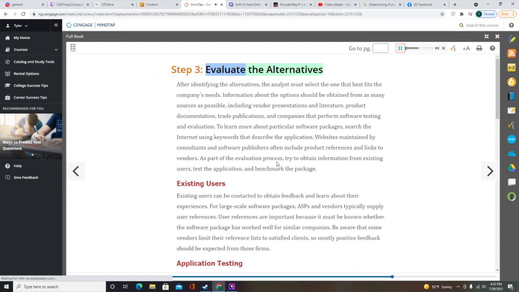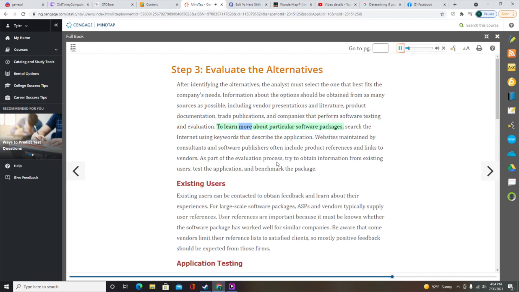Step 3. Evaluate the alternatives. After identifying the alternatives, the analyst must select the one that best fits the company's needs. Information about the options should be obtained from as many sources as possible, including vendor presentations and literature, product documentation, trade publications, and companies that perform software testing and evaluation.